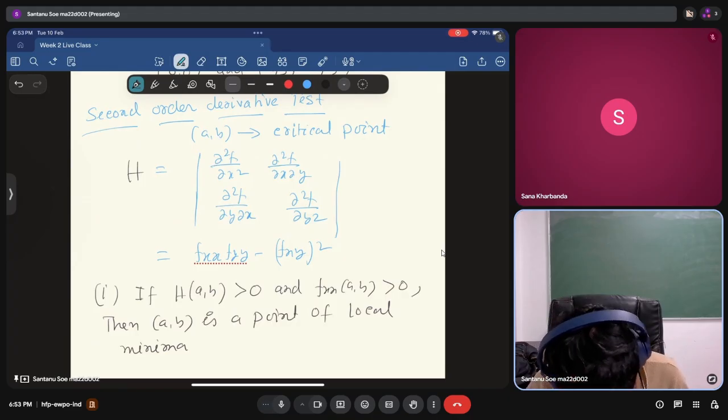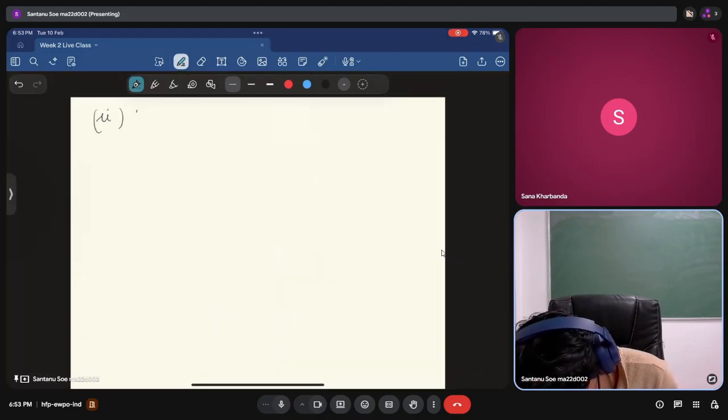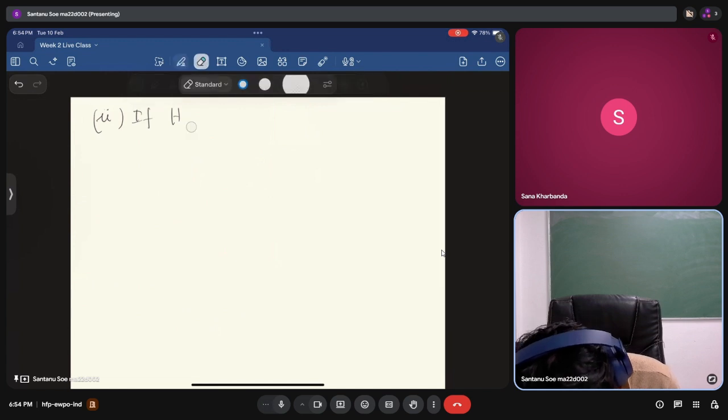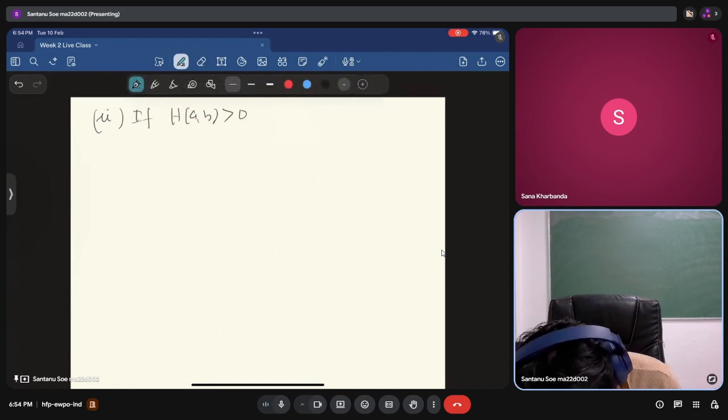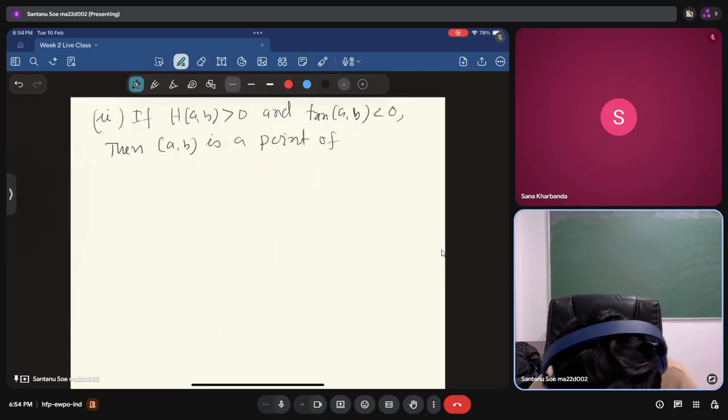Okay, or simply point of minima. And if h at (a, b) is greater than 0 and if fxx at (a, b) is less than 0, then (a, b) is a point of local maximum.